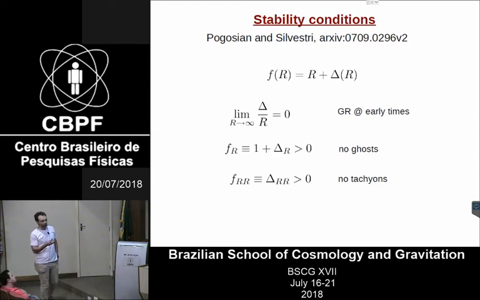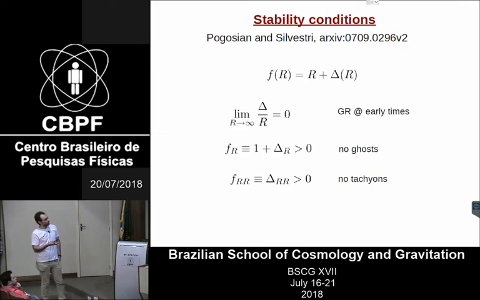So the first one, as you point out, there is no need for R to be large in the early universe, right? Because it doesn't follow the trace of T mu nu. So it doesn't have to be large in the early universe. And if you want, for instance, this F of R to generate inflation, then we do want this to be important in the early universe, right?